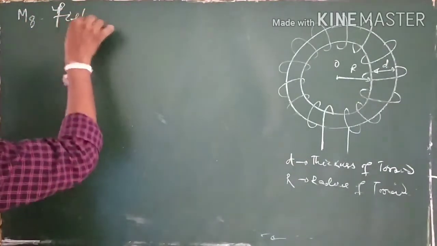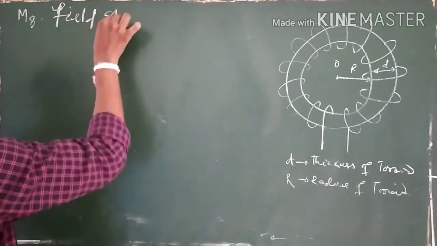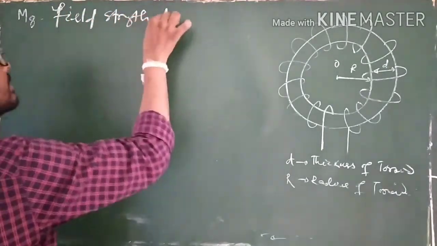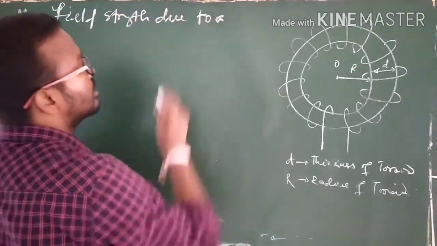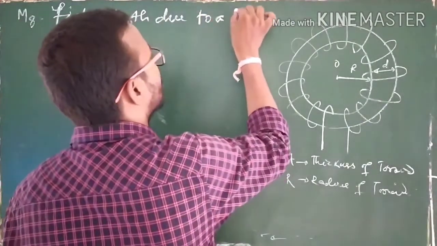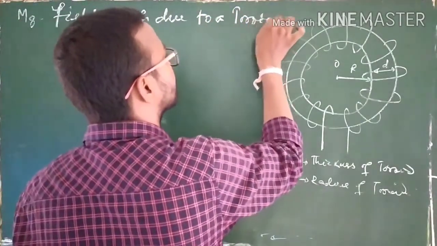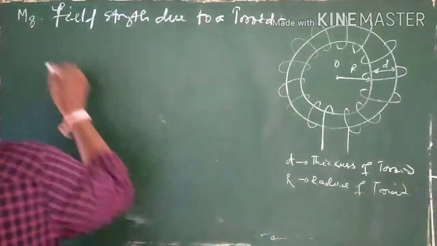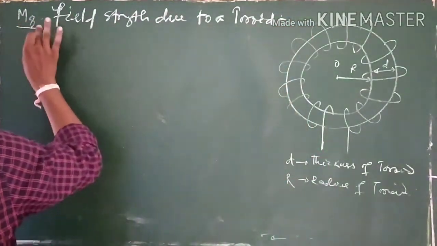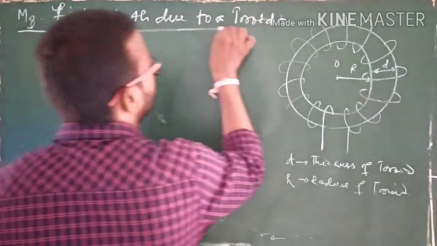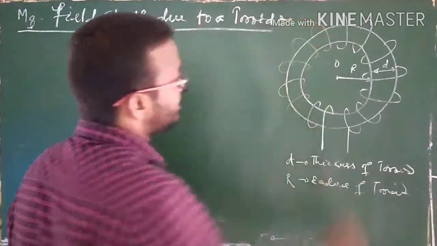Magnetic field strength due to a toroid. So a toroid is a ring-shaped solenoid.